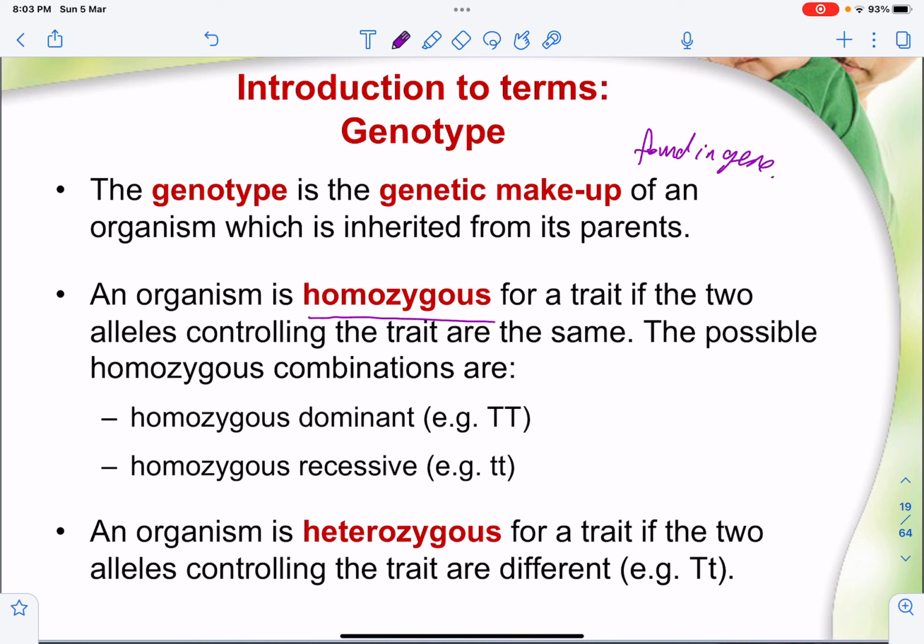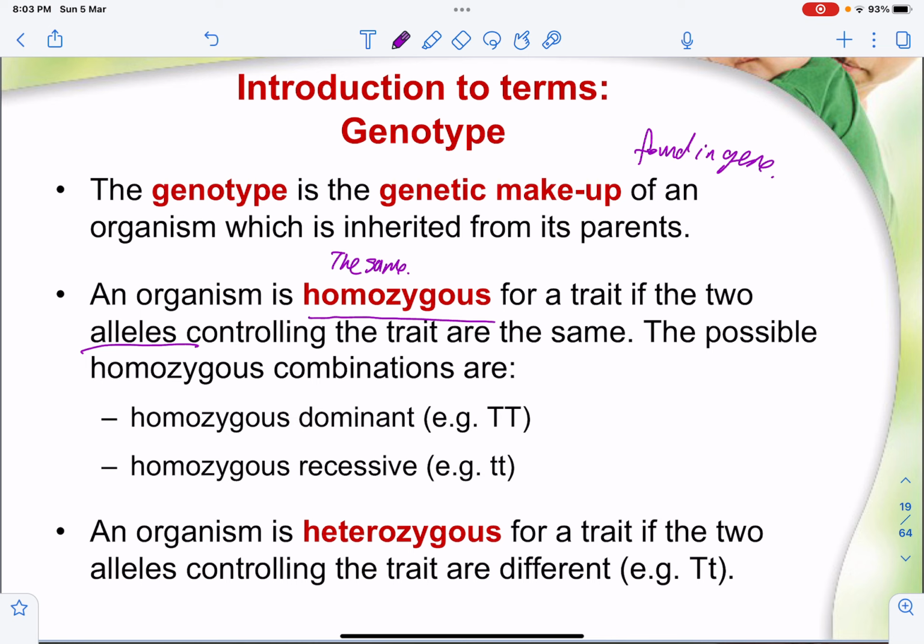So the meaning of homo means the same. When we talk about homologous chromosome, we are talking about how the different chromosomes are in a way similar. But when we talk about homozygous, we are not talking about the chromosome, we are talking about the alleles. Okay, so let's say over here, capital T, that means they are the same.